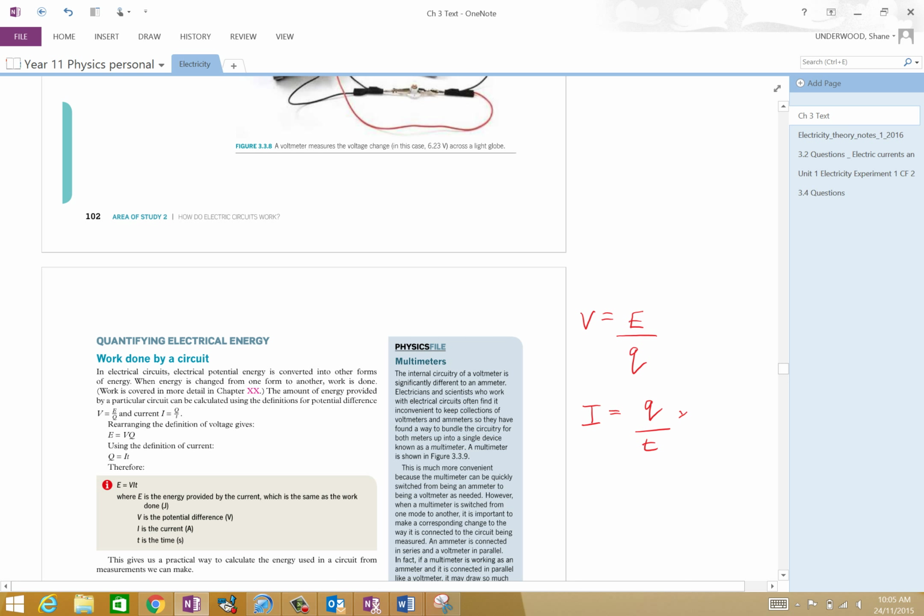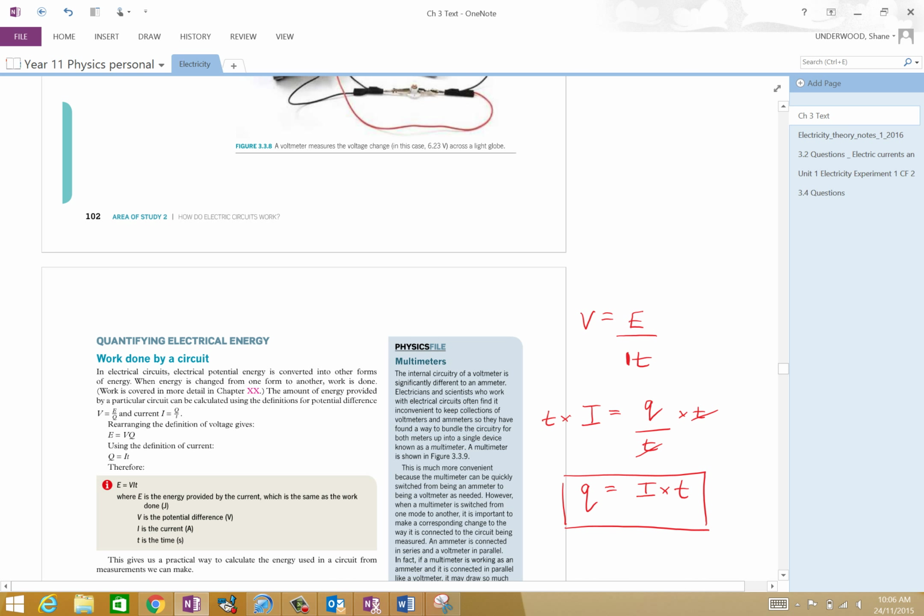I can multiply both sides by t, which gives me Q, the charge, is equal to the current times the time. Now, what happens if I change this Q for I times t? Well, that's what I'm going to do. So I'm going to rub this out over here, and that is I times t.